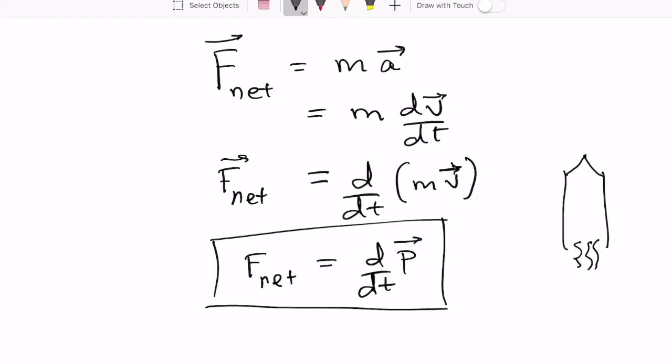Now, fortunately for you, we will not be going into problems like the rocket problem where the mass is not constant, because those problems are usually pretty hard. I'm just mentioning this so you understand that this form of Newton's second law is more general than F net equals mass times acceleration.